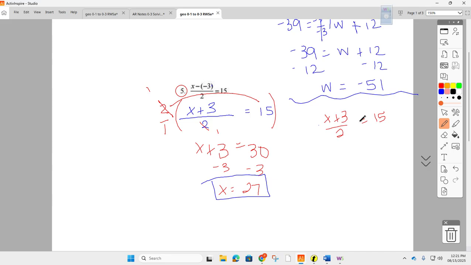We multiply by 2, multiply by 2. We just don't use the parentheses this way, right? If we're undoing division, those are going to simplify to 1, and x plus 3 equals 30. So by the time we get here, it's the same. The only thing is that we don't put those parentheses there. We're not treating it like a fraction.